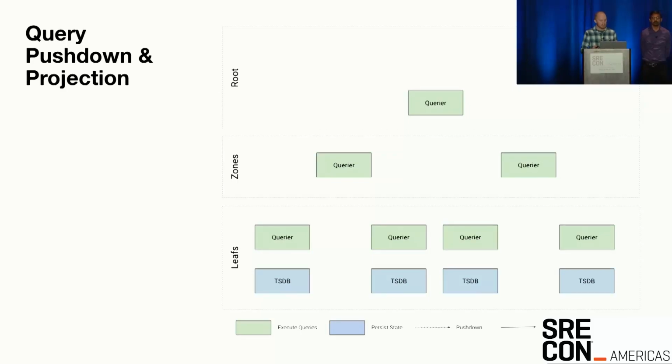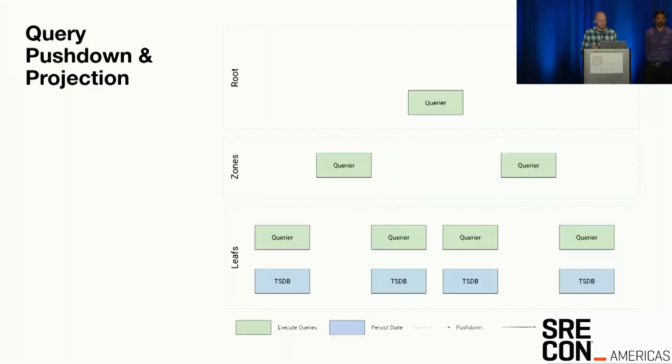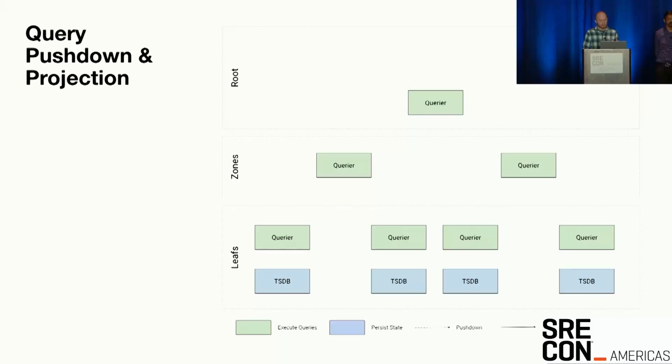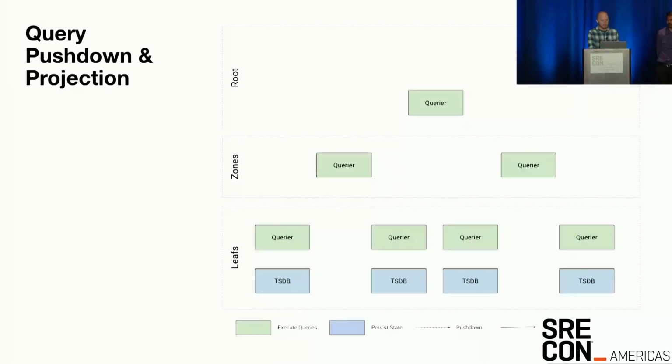But as Vijay mentioned, one of the limitations we have with PromQL at the moment is that it's evaluated by a single Go routine. It needs to see all of the data to do it, and that has inherent limitations on being able to get data out of the system and do an evaluation. So we're trying to address this with two things, which is query pushdown and projection.